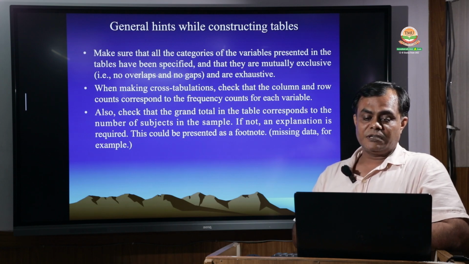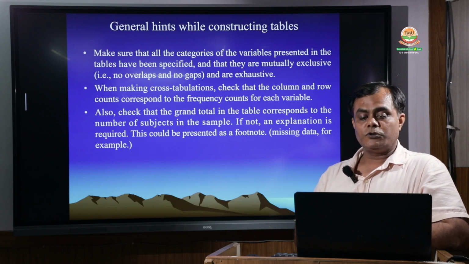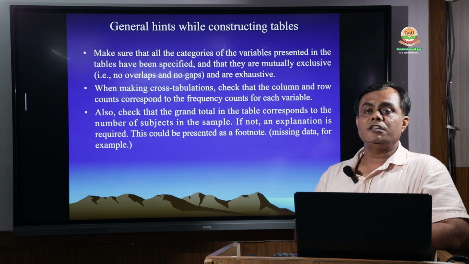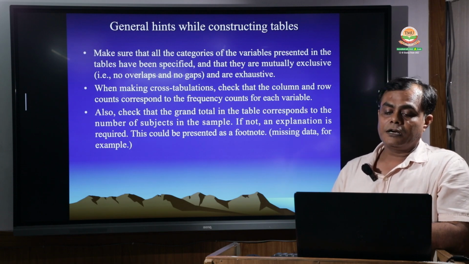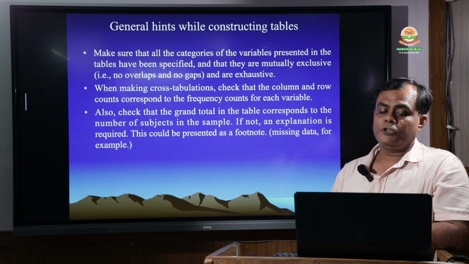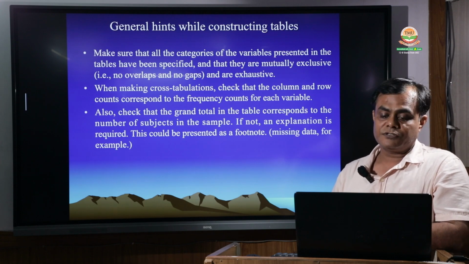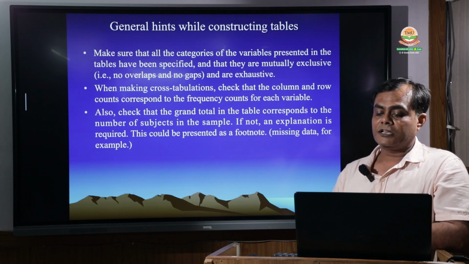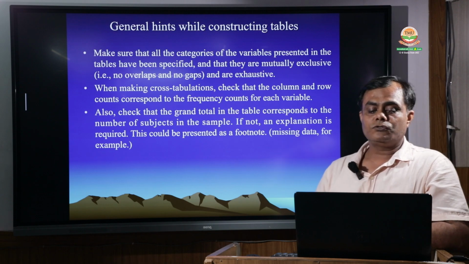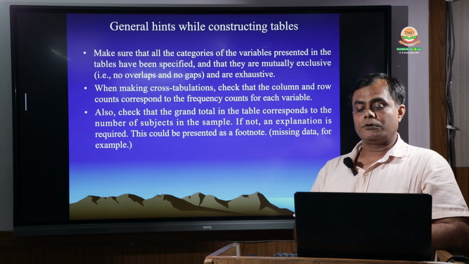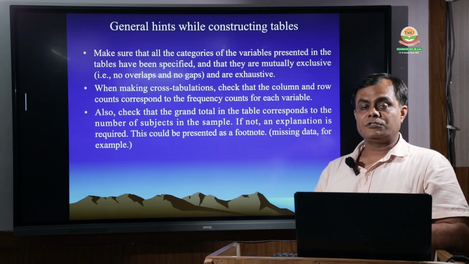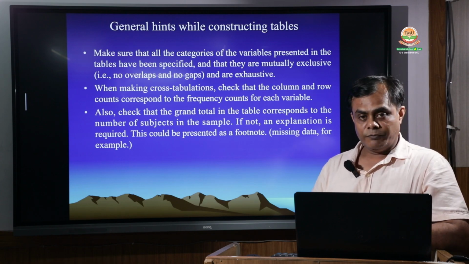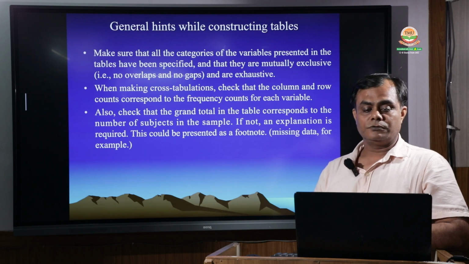When making a cross tabulation, check that the column and row counts correspond to the frequency count for each variable. Also check that the grand total in the table corresponds to the number of subjects in the sample. If not, an explanation is required. This could be presented in a footnote, for example missing data. So whenever there is a certain requirement, we mention it in the footnote.